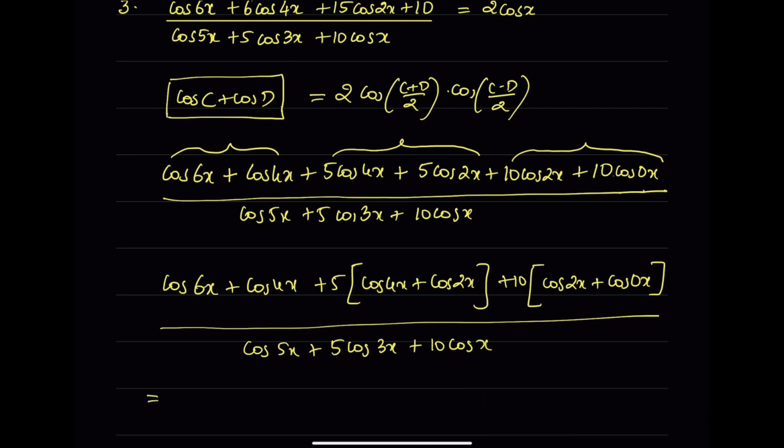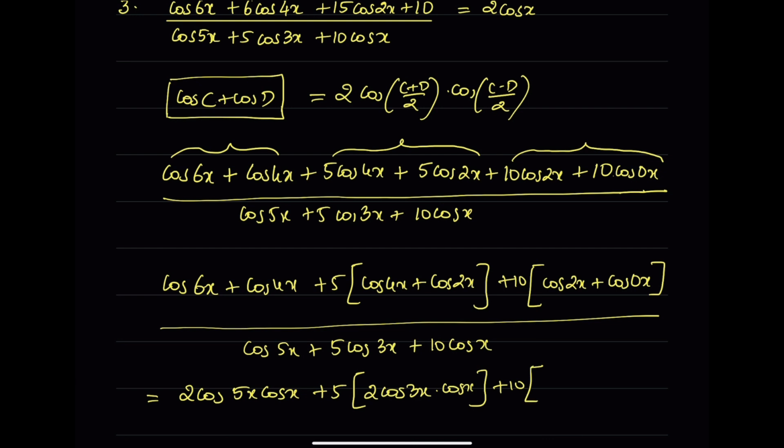Okay, now let's apply the formula cos C plus cos D. It is 2 cos (C plus D) by 2. So (6x plus 4x) by 2, that would be 5x, and cos (C minus D) by 2, (6x minus 4x) by 2, which is cos x, plus 5 times. Now again it is 2 cos 3x times cos x plus 10 times.